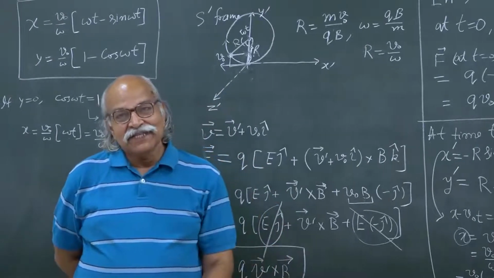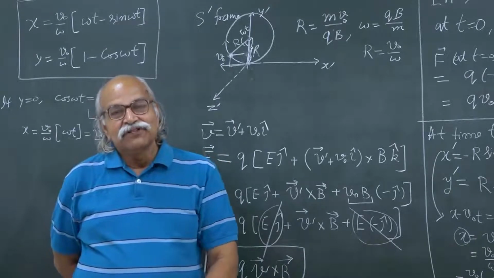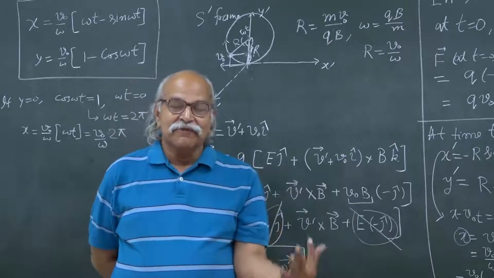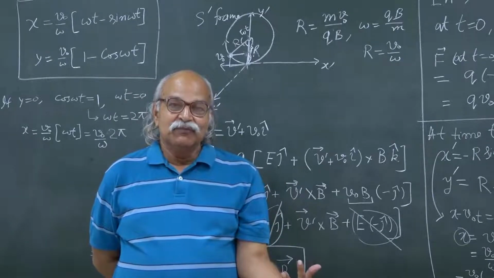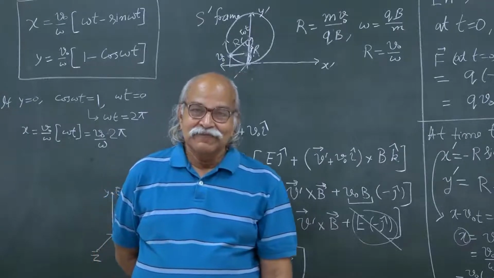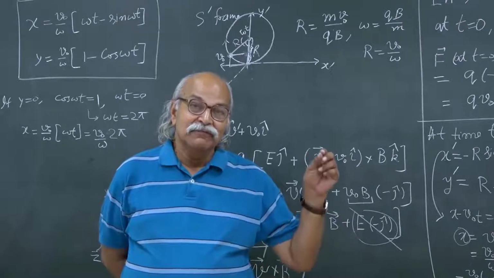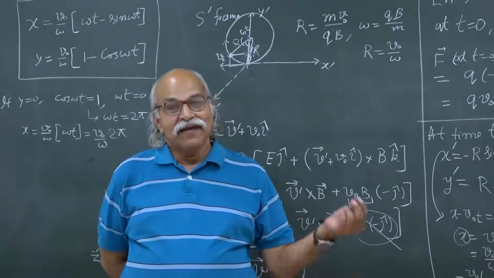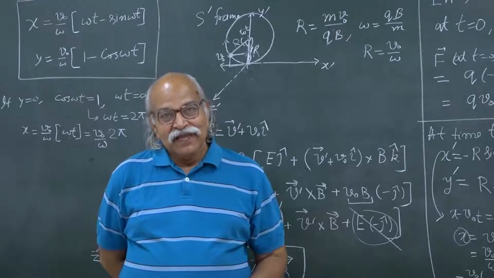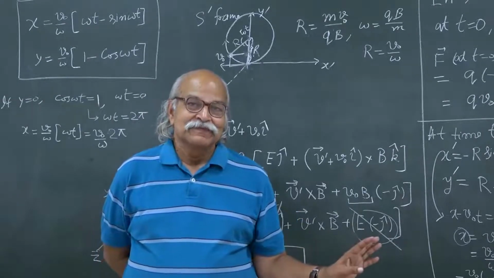And in this process we discovered new things, that if we change to another frame which is moving with respect to the initial one, lab frame, with a velocity E by B, electric field magnitude divided by magnetic field magnitude, and it is moving in the direction of E cross B, right.